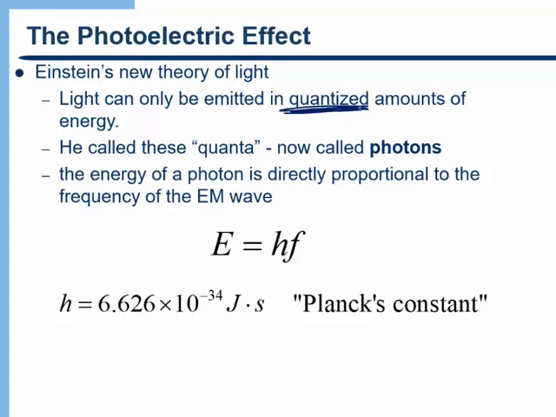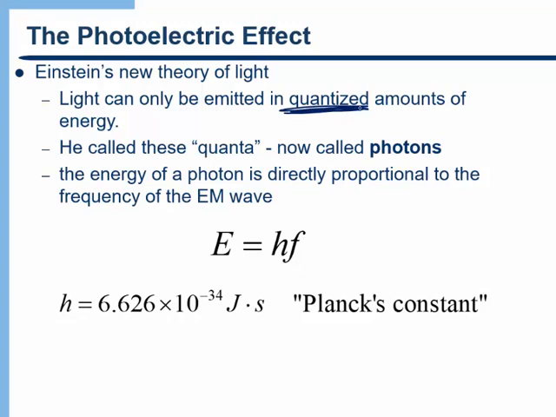And for those of you who have had chemistry, you know that energy levels in atoms are quantized. The electrons can't have any energy they want, they can only have specific values. Okay, so this is actually all related to that. Einstein said electromagnetic radiation in general, and visible light for sure, can only be emitted or absorbed in discrete amounts of energy called photons.